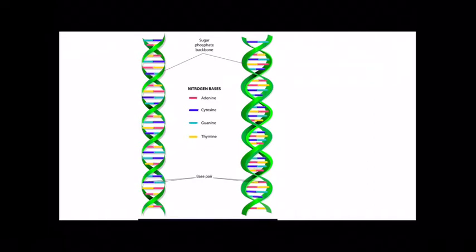If we imagine this as a ladder that we've taken and twisted, that gives us a good visual of what we're looking at. It's a twisted model, called the double helix model. So it's a double-stranded molecule, but there are twists to it. And if we consider it like a ladder that has been twisted up, there are two parts to it.